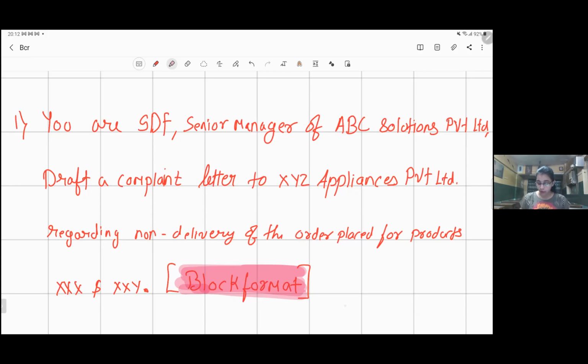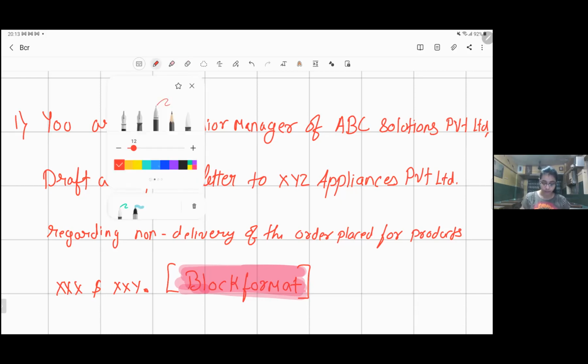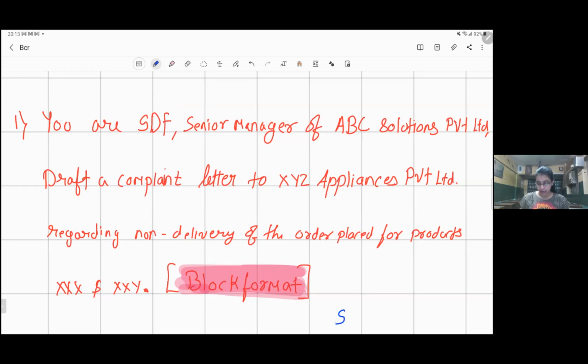You will write the order number like this: S/N small hyphen 226. Right? In subject, everything on the left side, your address should be in a straight line.